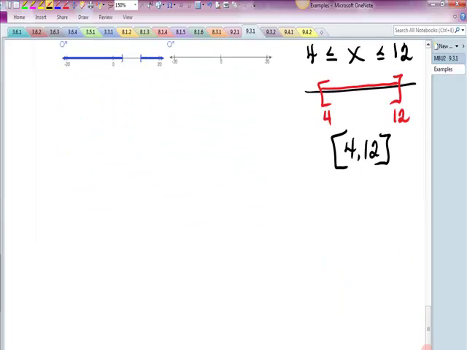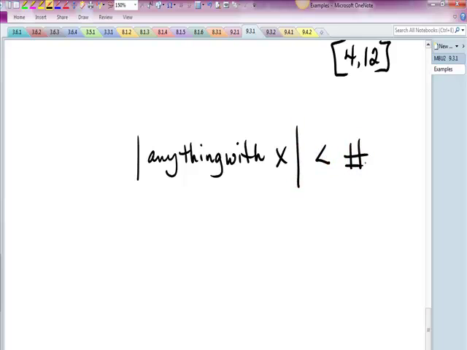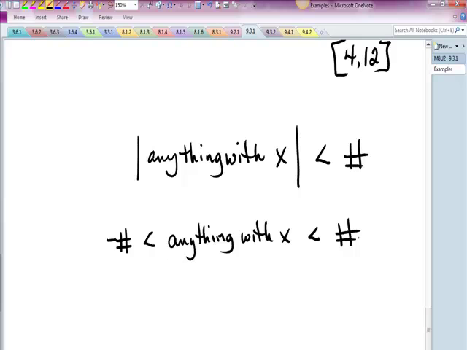Okay, so as a little summary, if you have the absolute value of anything with x is less than a number, that means that you will have negative of the number is less than anything with x, which is less than the positive of that number.